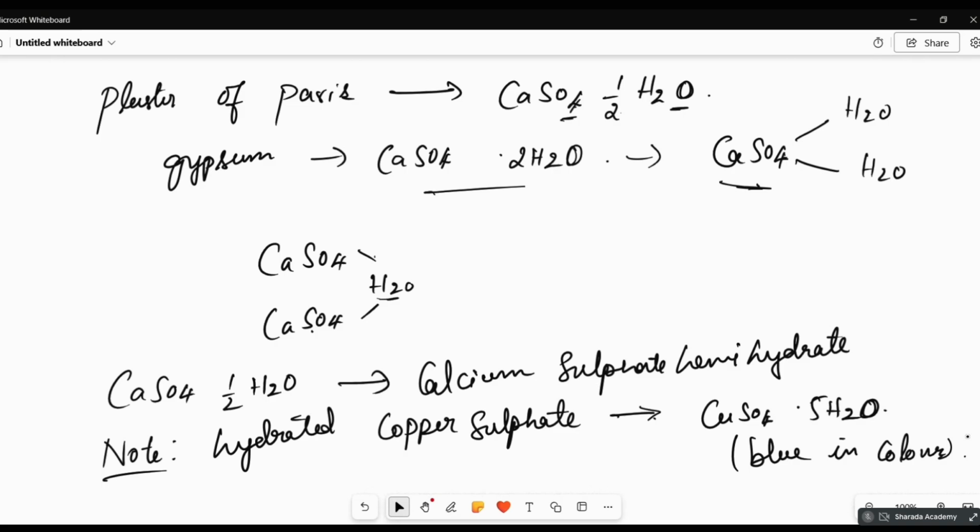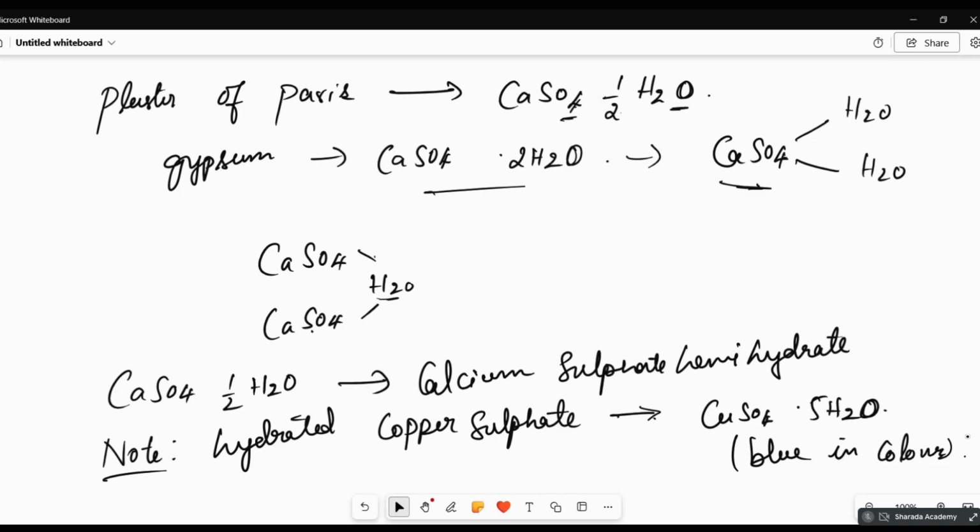So hydrated copper sulfate means CuSO4 5H2O, which is blue in color. But when you heat it, the water molecules can be removed. Then you will get CuSO4, which will be white in color.